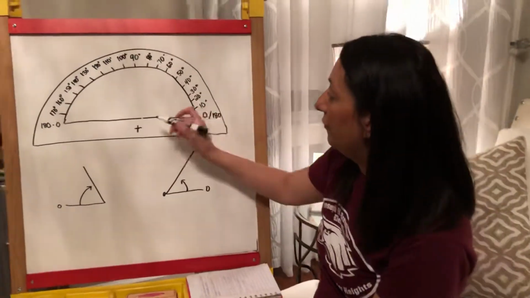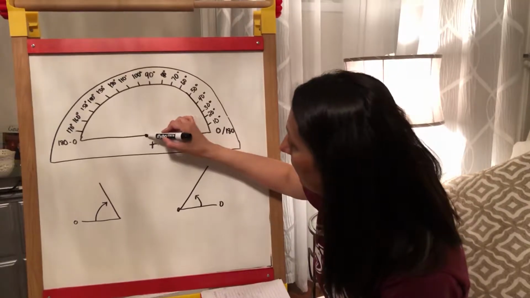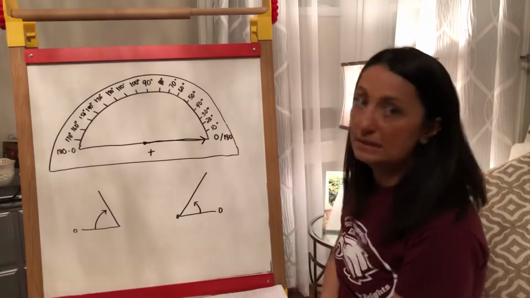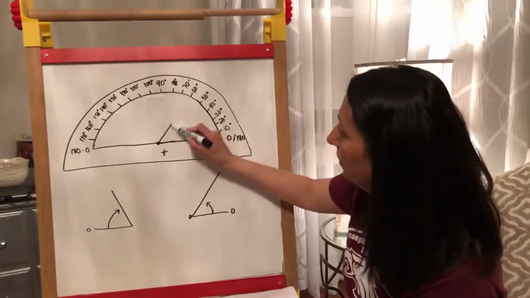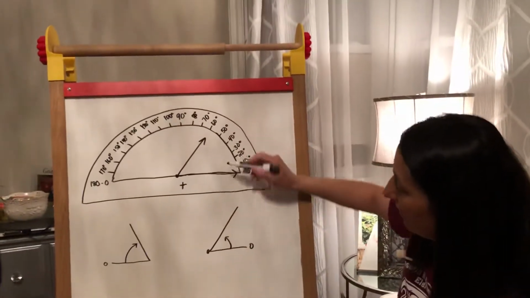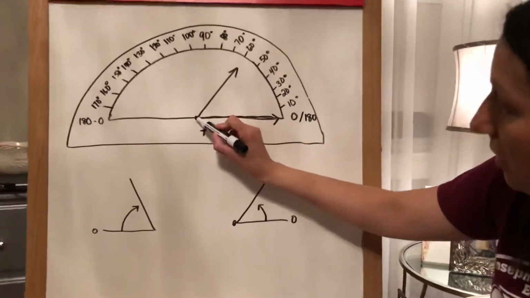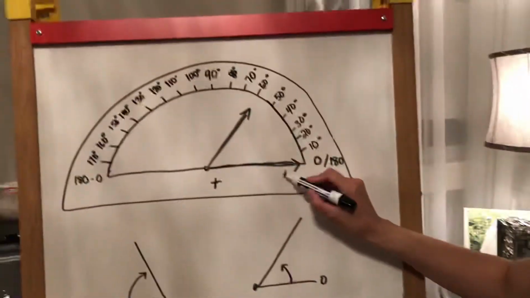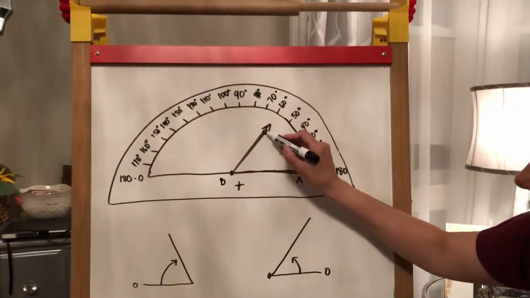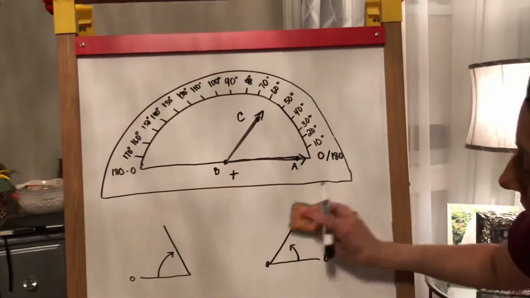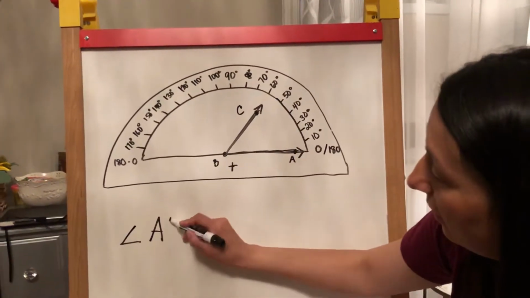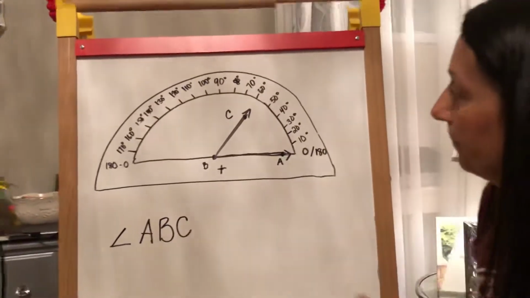So I'm going to draw a few angles and just kind of put them here, and I will give you an idea of how to measure these angles. So here we have an angle, and I drew it. We're going to name it angle ABC.